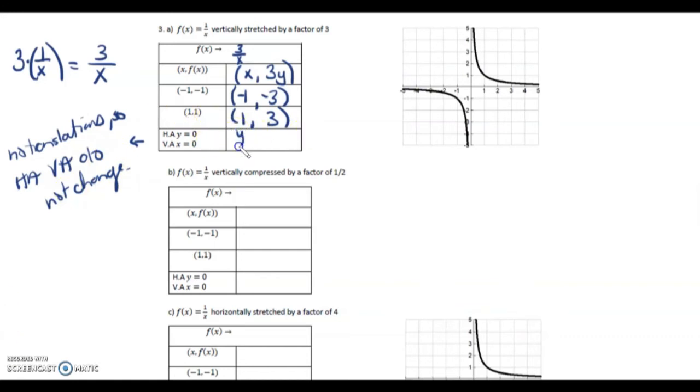So we're just going to rewrite y equals 0, x equals 0. Okay, so the horizontal and vertical asymptotes, I'm not going to redraw, but I will label them. So this is y equals 0. Okay, because it goes through the x-axis, you can call it y equals 0, and this one goes up and down like the y-axis, so we call it x equals 0.